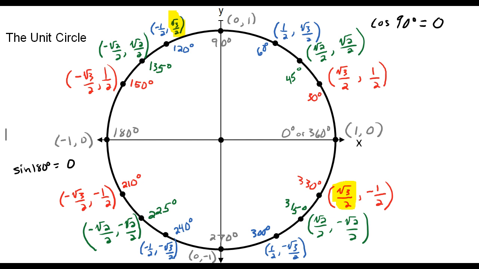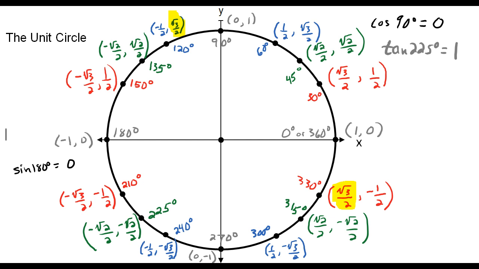Well, the tangent is y over x. Now, this is something over itself, so the tangent of 225 would be 1, because anything over itself is 1.